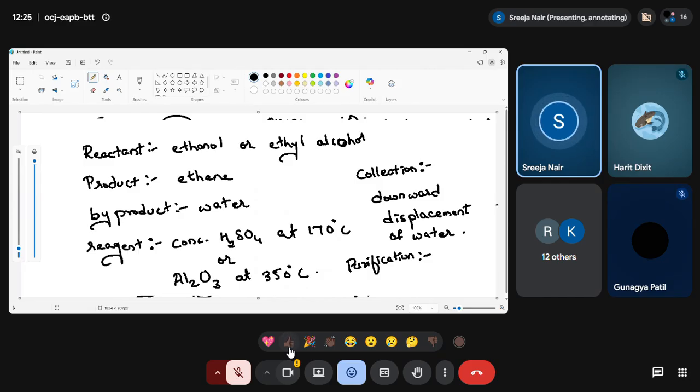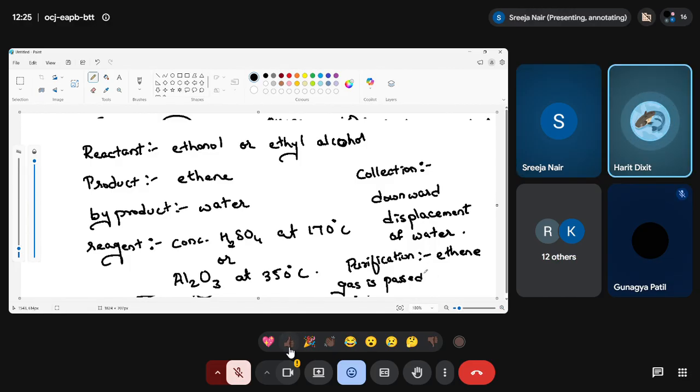So to remove these impurities, when the reaction happens and ethene gas is being formed, this ethene gas is purified. It is passed through NaOH solution.